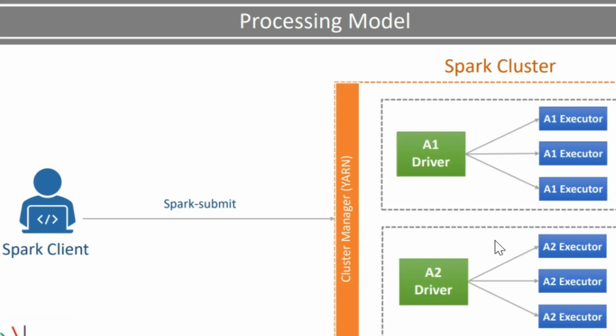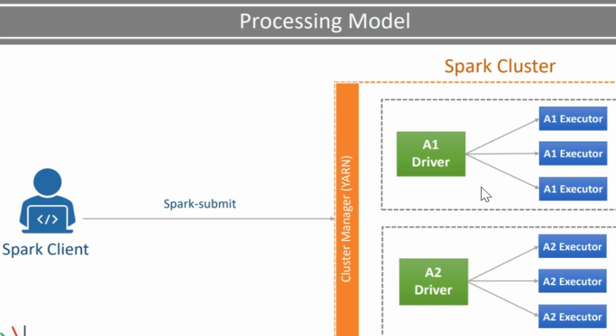So now we know that the driver and executors are responsible for running our application code and the job that we need. Now I am going to show you one more application, submitted to the cluster using the Spark submit utility. It will do the same thing the A1 driver has done.